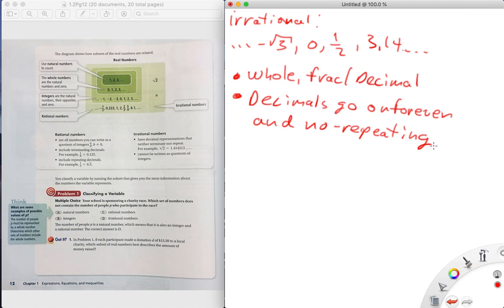Two examples of this: I use the number pi. Pi goes on forever. And I use negative square root of 3. So any square root that's not a perfect square is an irrational number.